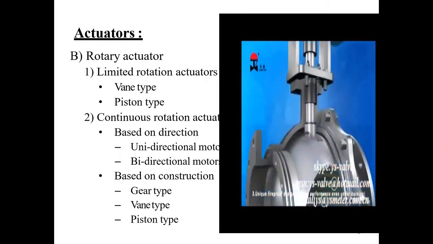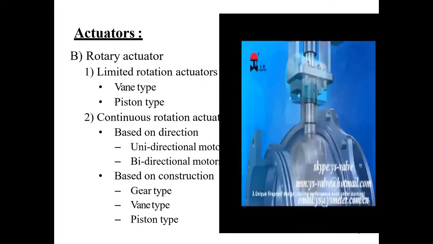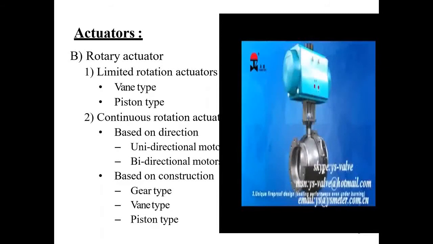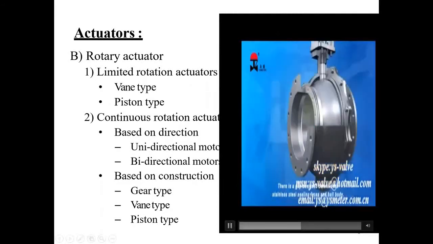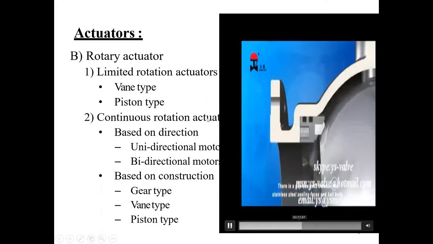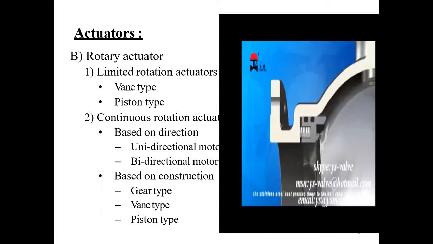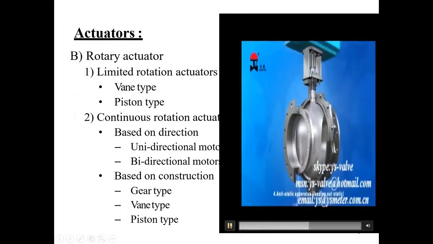Unique fireproof design, sealing performance even under burning. The valve is a combo type made of stainless steel and surrounded by Teflon sealing faces. There is a gap designed between the stainless steel sealing faces and ball body. When Teflon sealing rings are burnt by fire, the stainless steel seat presses down to the ball upon spring force, producing sealing between the ball and the stainless steel sealing faces. 4. Anti-static apparatus leading out static.